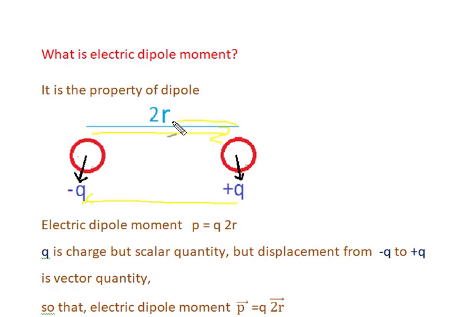Now we are considering this displacement from minus q to plus q. So the displacement is a vector quantity. So we are indicating the electric dipole moment as p vector. So q is a scalar quantity, and r, the distance, is a vector quantity. We are putting the arrow here.